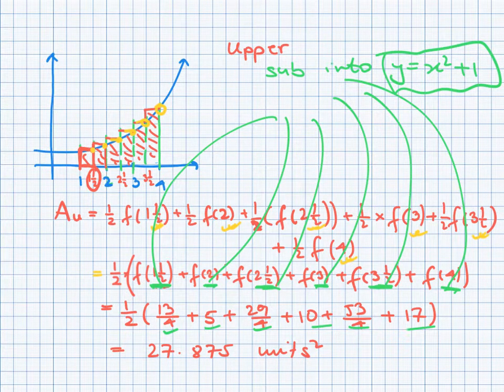Okay, next page. So what we have now, I'm just going to write again, the area is between lower and upper. And we can see that lower this time was 20.375 and upper was 27.375.